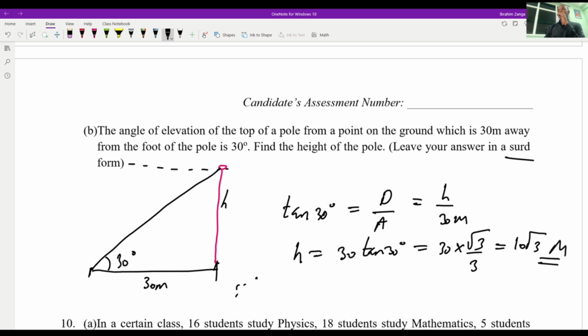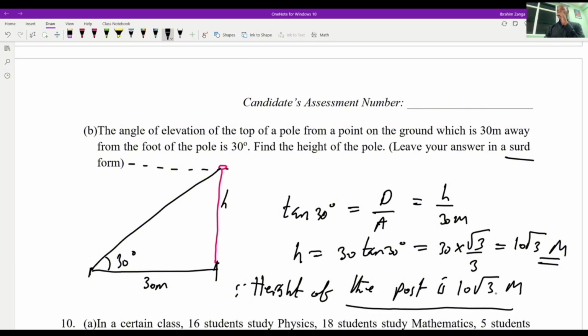So the height of the pole is 10 square root of 3 meters, dear students. So that is the solution for question number 9 in this exam.